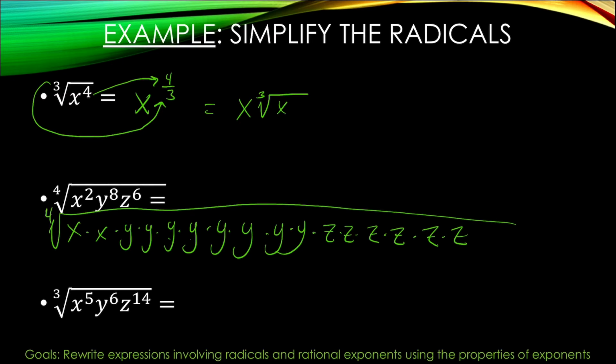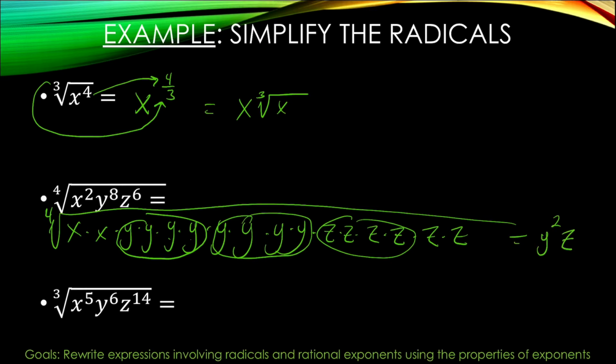I'm looking for things multiplied by themselves 4 times. 4 y's, another 4 y's, 4 z's. So I could say y squared z, fourth root of x squared z squared.